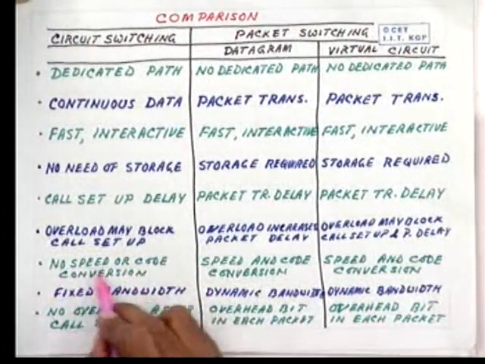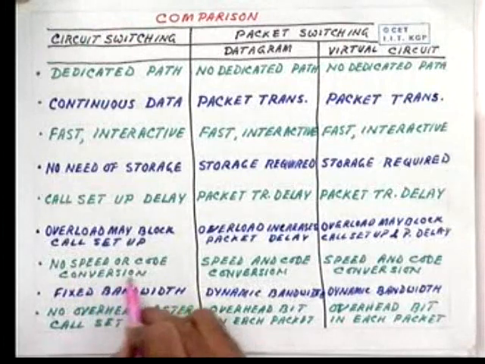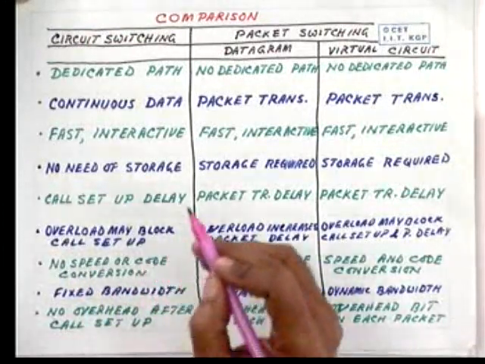In circuit switching, there is no need for speed or code conversion. From one end to the other end, you are transmitting at the same speed without any code conversion.